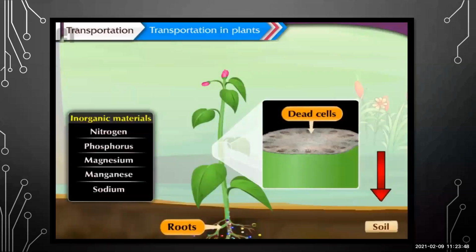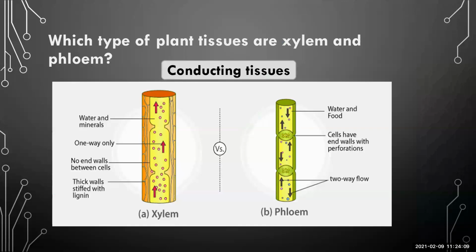Plants do not have much movement, they cannot move from one place to another, they are stationary, so they require less energy. So there are many dead cells present in the plants, for example xylem. Now there are two conducting tissues present in the plants, one is xylem and the other is phloem.